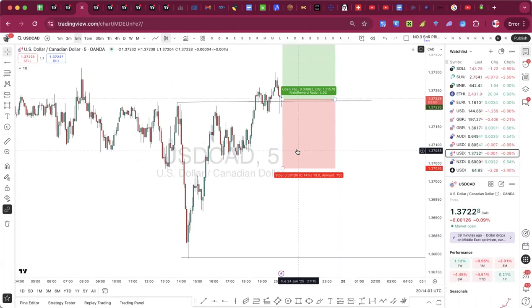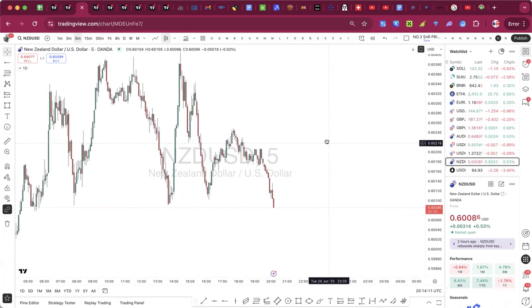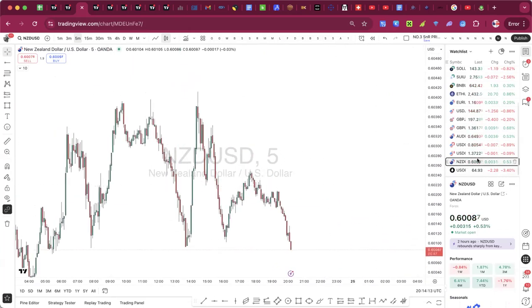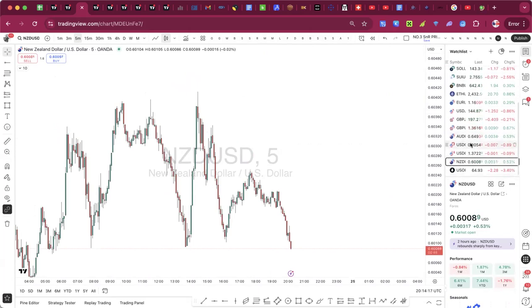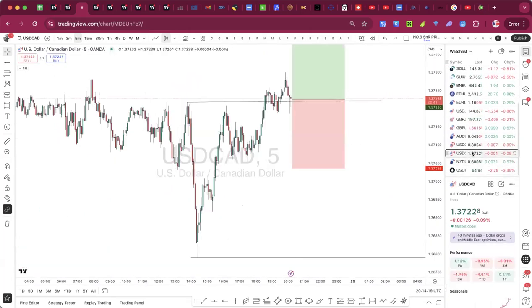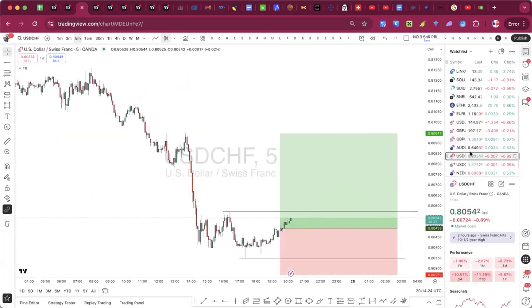How many pips? 19 pips, okay? I say it should be selling, and you see selling, right? USD CAD. Okay, here is this. Okay, there's another one. AUD USD.